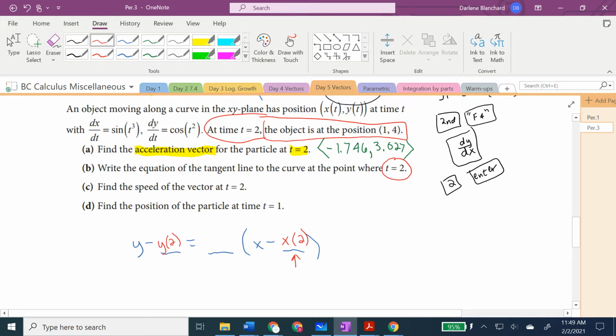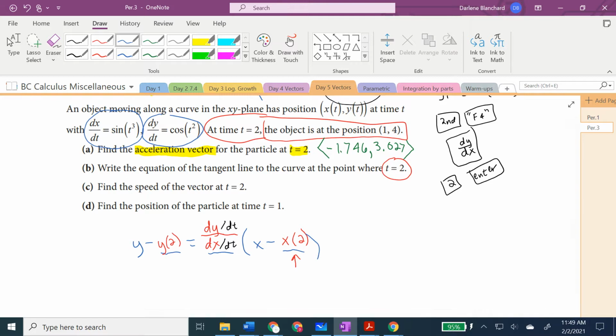Then slope, you know that slope is dy over dx. But do you see a little bit of algebra to make this something you already have? If I divide numerator and denominator by dt, conveniently, you already have dy/dt and dx/dt.